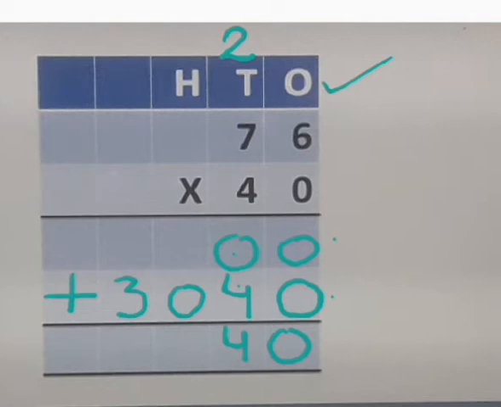So we will bring down this 0. Now in the thousands column, children, we have 3. So 3 is alone. So we will bring down this 3. So 3040 is the final product when we multiplied 76 by 40.